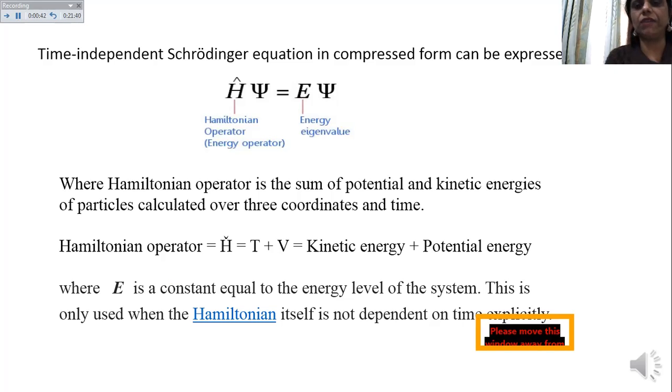Because whenever our electrons move, they not only carry the kinetic energy because they are moving, but they also carry the potential energy because they also change their position with respect to time. This is only used where E is a constant equal to the energy level of the system. This is called eigenvalue. This is only used where the Hamiltonian itself is not dependent on time explicitly.